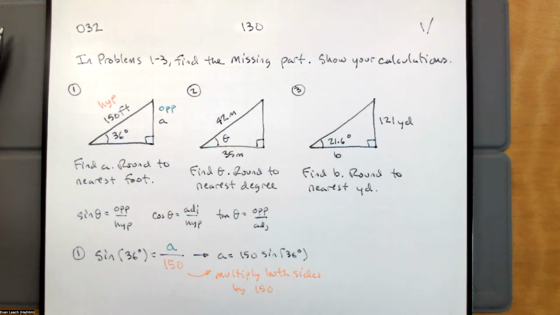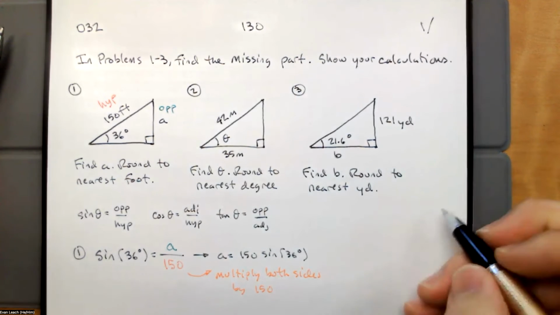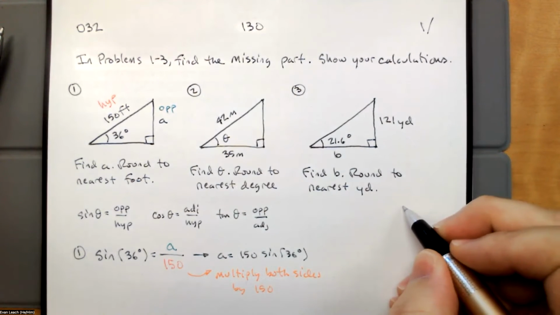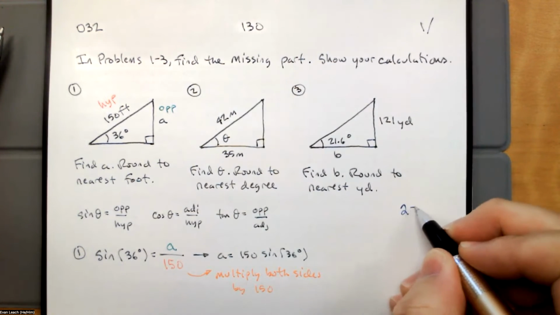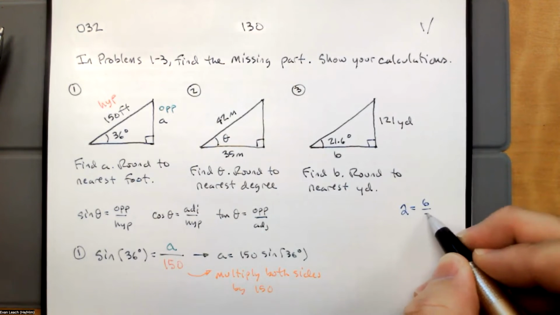Sometimes it's messy to think about when we have sine of 36 and 150. We have these complicated factors. So let's just simplify it down and look at 3 things that are related. 2 is equal to 6 divided by 3. That's a nice, easy one to remember, and it means 2 other things. We can help remember that these 3 are all containing the same information. 2 is equal to 6 divided by 3.